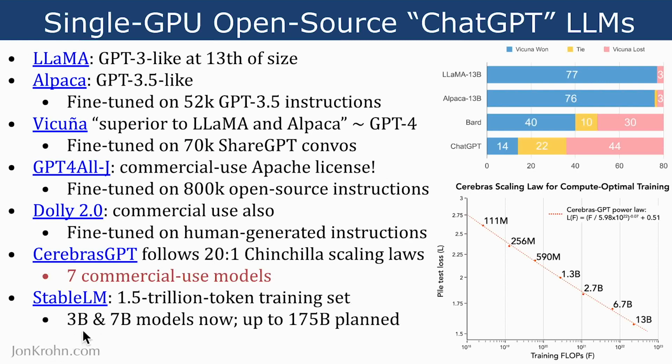They have released 3 billion and 7 billion parameter models already, and they have models up to 175 billion parameters planned. So there are lots of different ways that you might want to do your fine-tuning once you've downloaded the single GPU open source LLM of your choice.